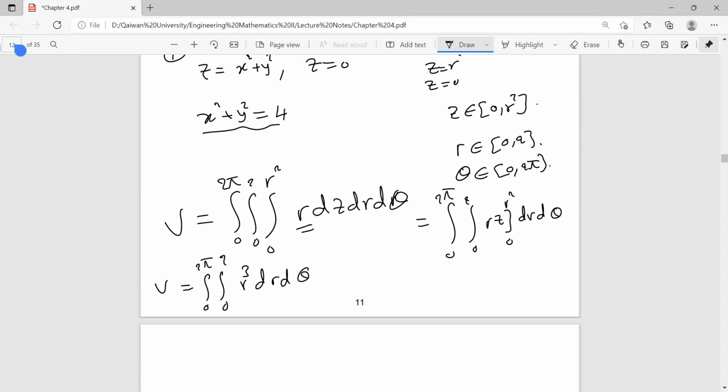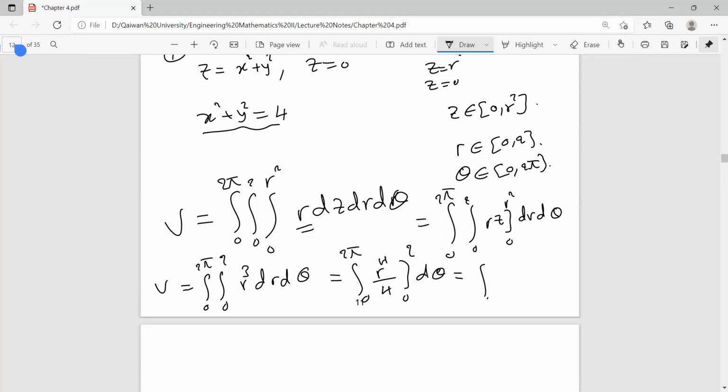Okay. Now integration of r cubed with respect to r is r to the power 4 over 4. It is from 0 to 2 pi for r to the power 4 over 4, from 0 to 2. We replace r by 2, then by 0. When we replace by 0, it's 0. And when we replace by 2, we get 4. This is d theta.